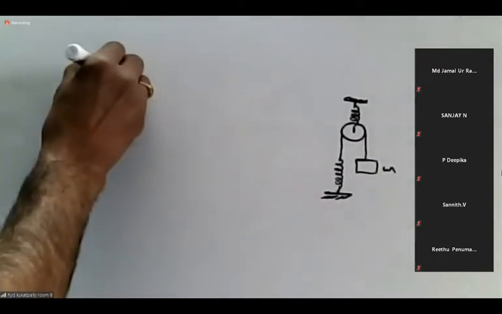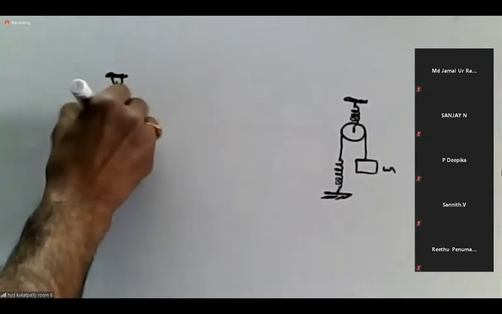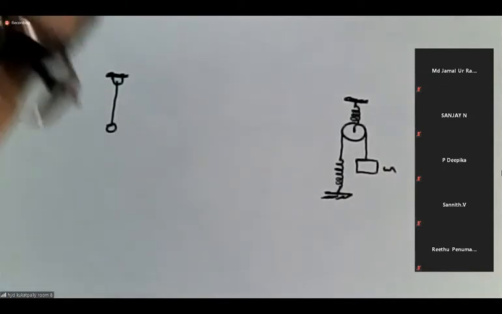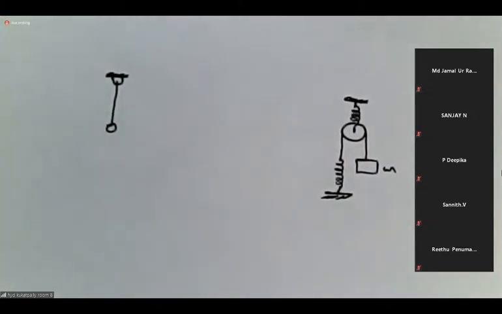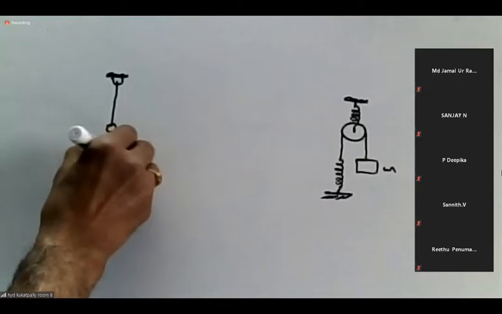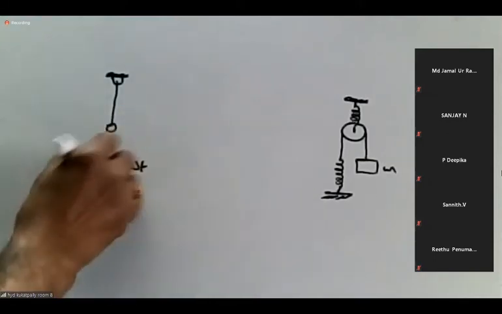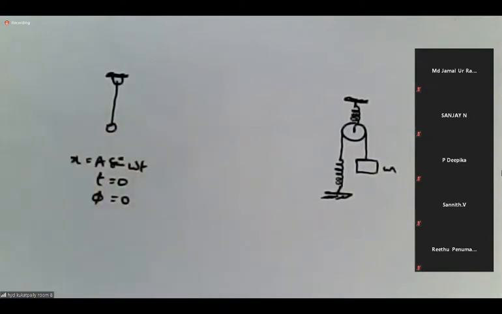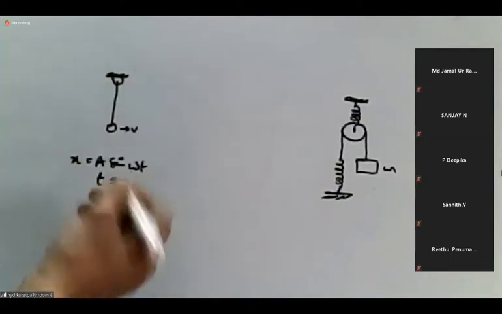If it starts oscillating from the equilibrium point, x equal to a sin omega t, at time t equal to 0, phi equal to 0. So it starts from equilibrium but with some velocity. Velocity must be there, otherwise it cannot move.